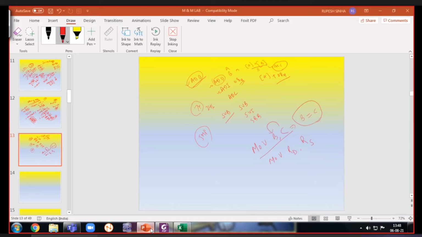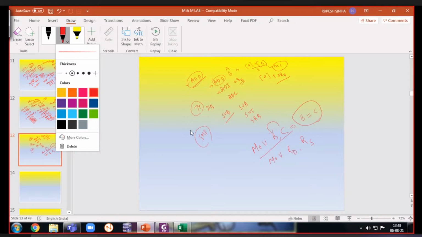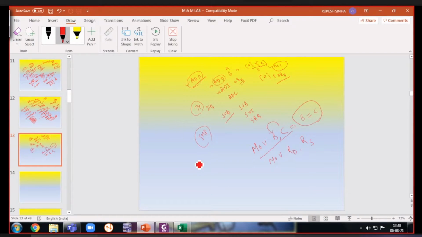Suppose the instruction is move B comma M or move M comma B. So what is the meaning of M here?